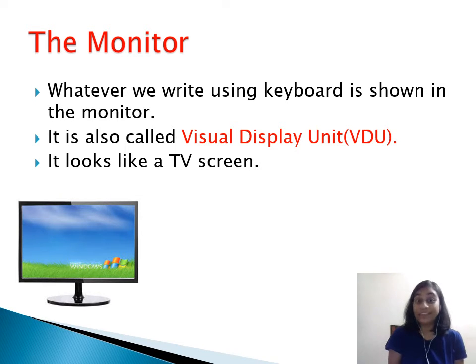We can write letters, poems, and we can also do big calculations. Whatever we type using a keyboard, it will display on the monitor. The monitor is also called Visual Display Unit or VDU. A monitor looks like a TV screen.